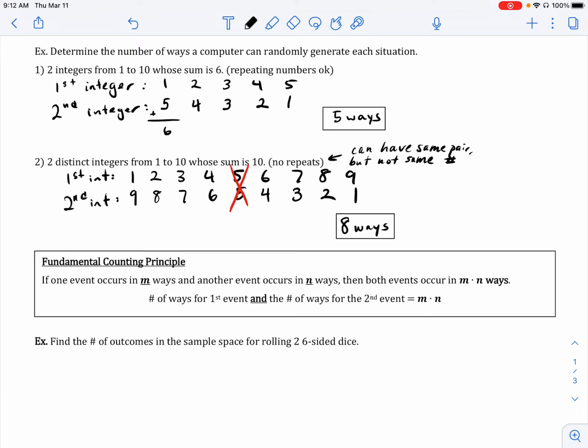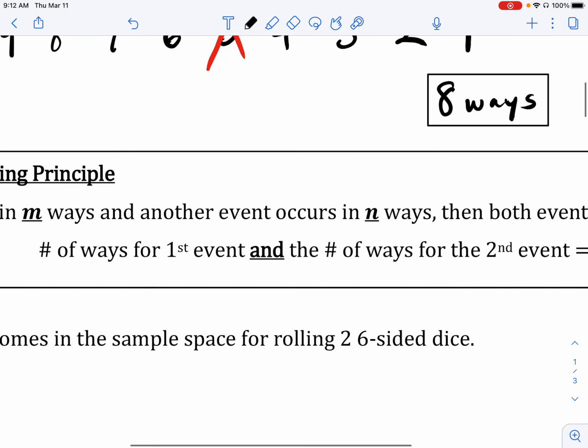The word "and," underlined there, is pretty important, because that means we are going to multiply when this is the case.